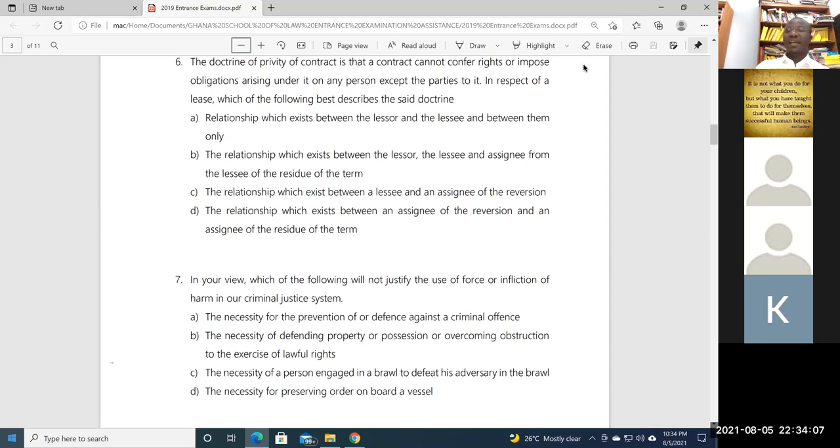Because the relation between the lessor and the lessee is just like the relationship between the original parties to the contract. Just like the situation in Tweddle v Atkinson and so on and so forth.